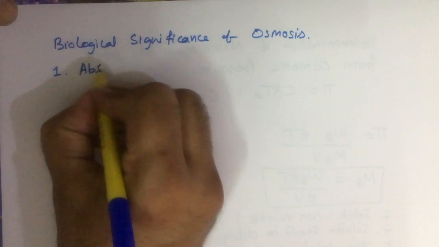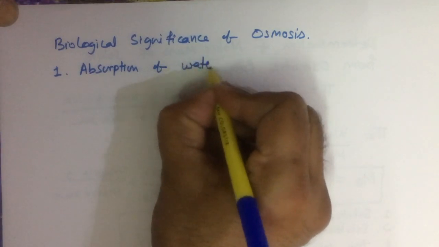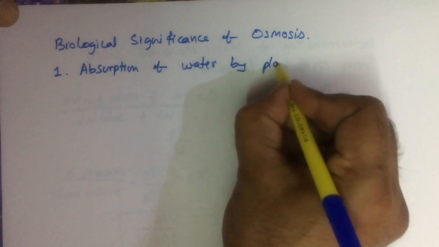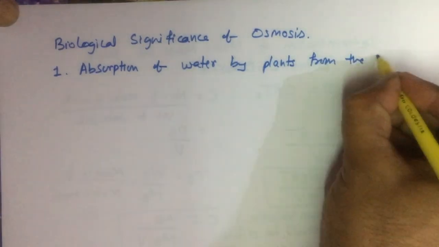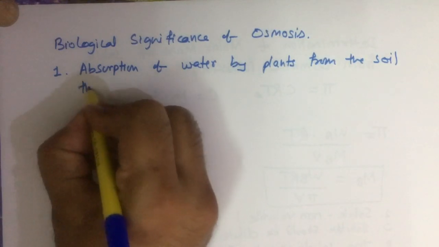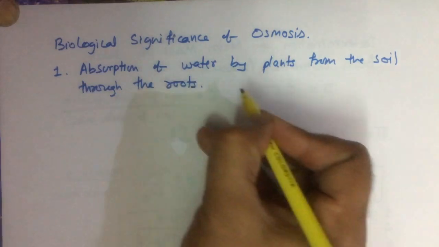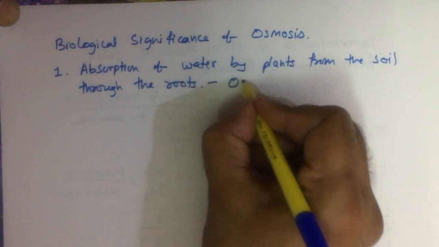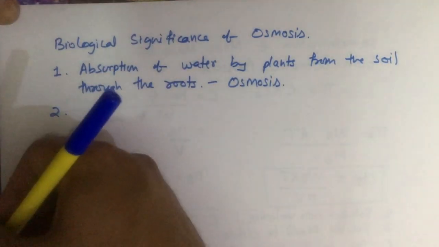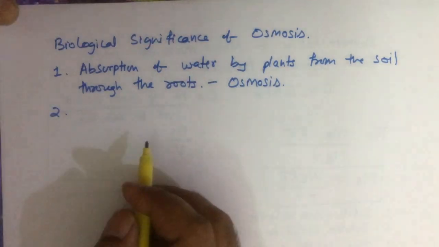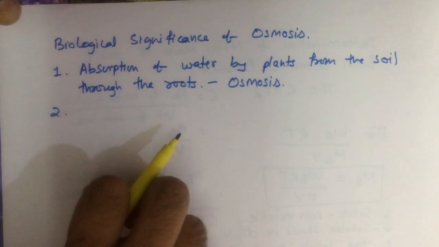So, first important significance is that absorption of water by plants from the soil through the roots is due to the process of osmosis.